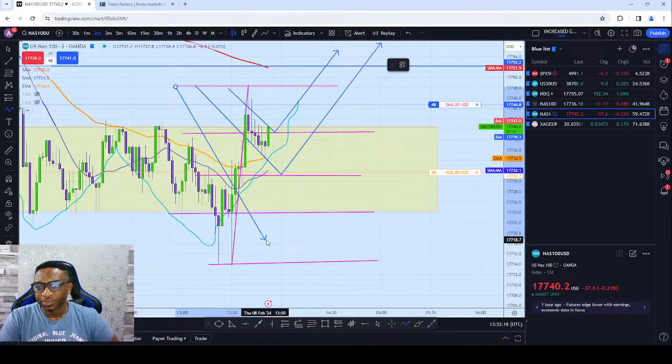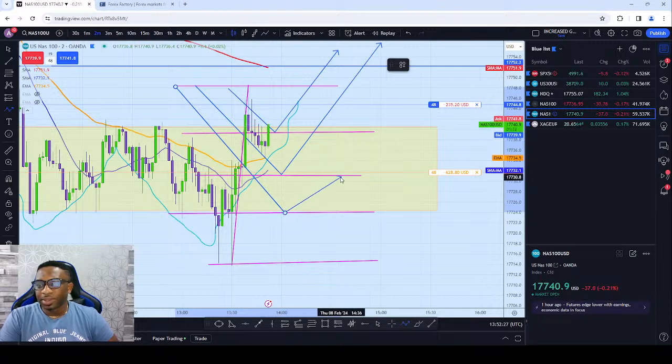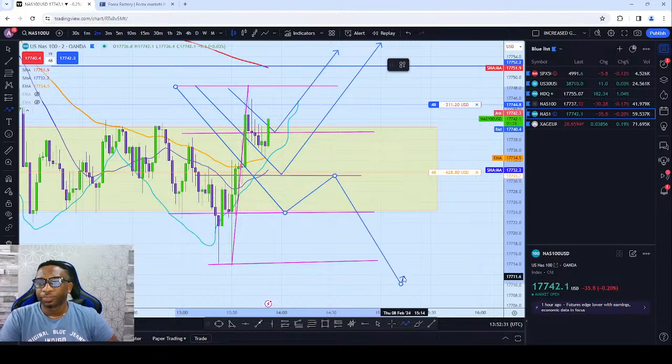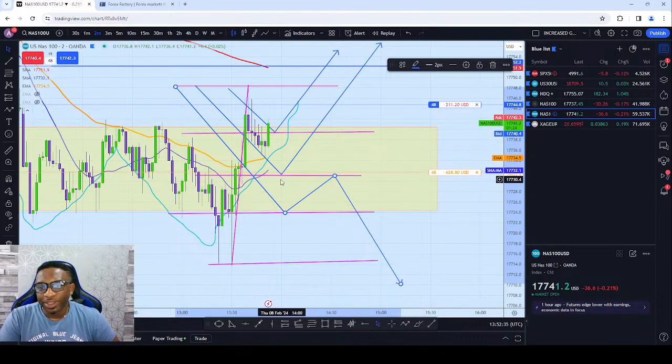The third one is price could also come all the way from this high that it created to here, and then something like this could happen and then drop. So what we are actually looking out for is for price to stay within this top half.